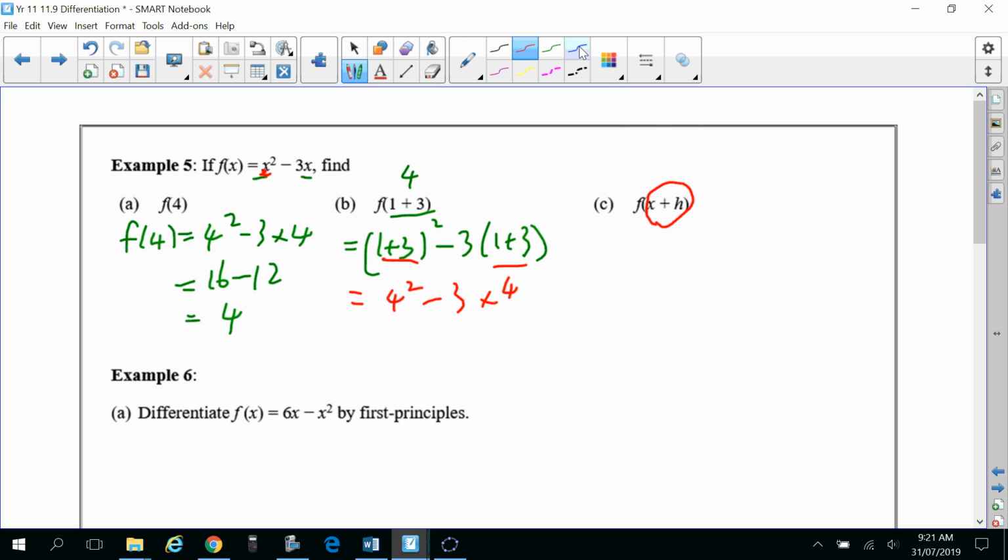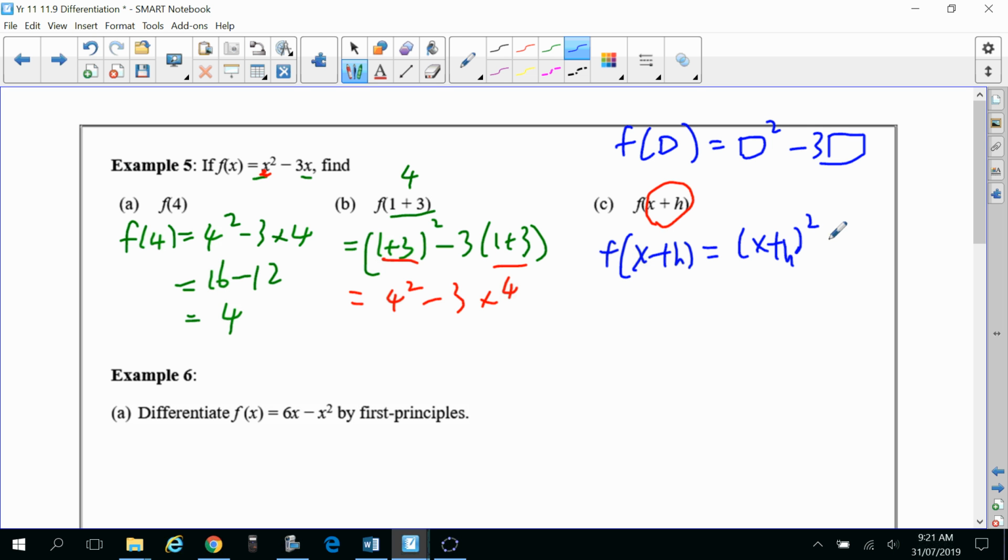It's like the function notation. The box is a container, square minus 3 container. And that container can stretch as large as you want. Remember, it is maths. Anything could happen. Watch. So that means (x plus h) squared minus 3(x plus h). How amazing is that?